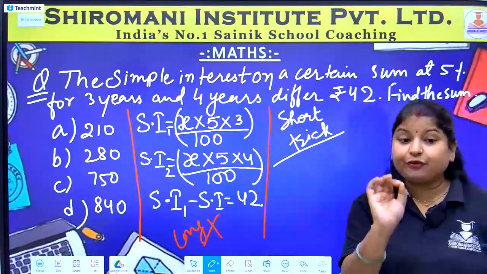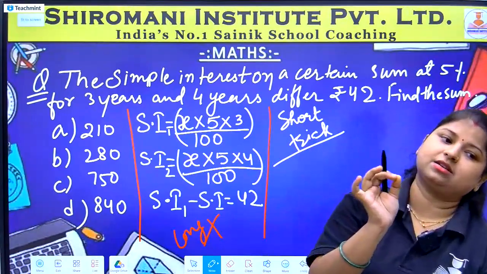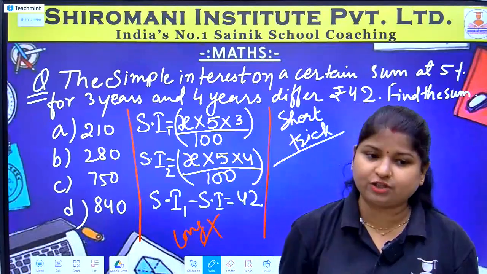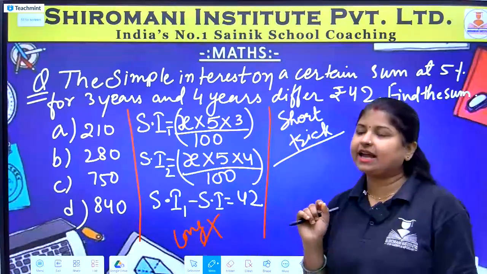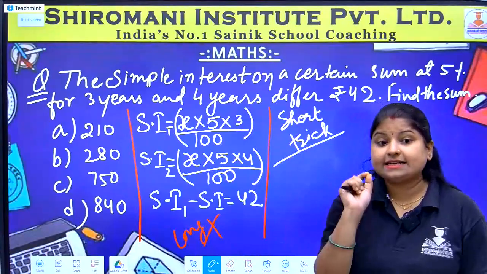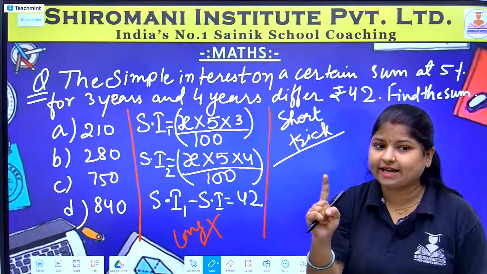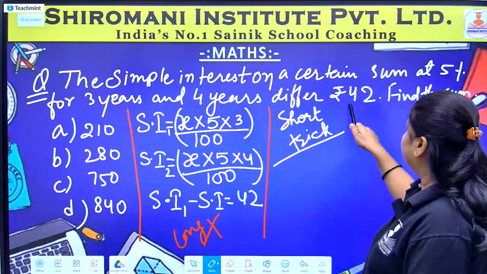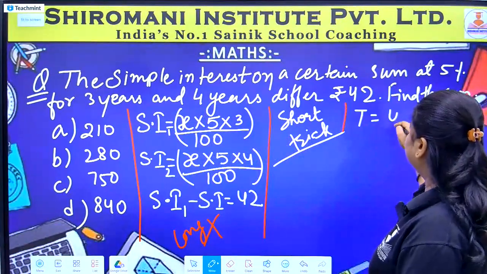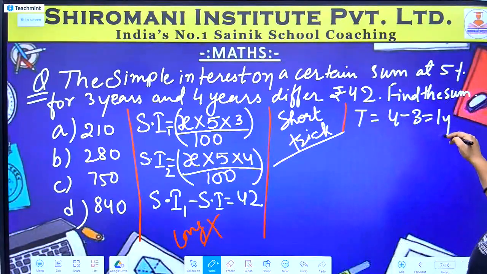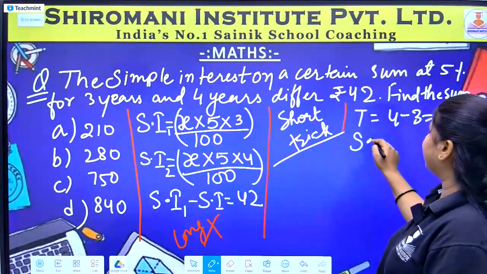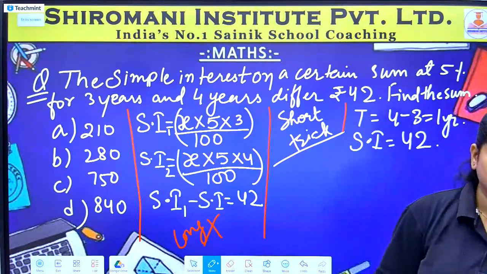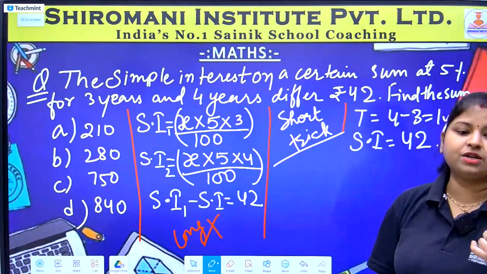If the difference between simple interest of 4 years and simple interest of 3 years is 42, I can easily say that acha, this is the simple interest for 1 year, because 4 years and 3 years. So 4 minus 3, 1 year. My simple interest for 1 year is 42. Simple interest for 1 year is 42.